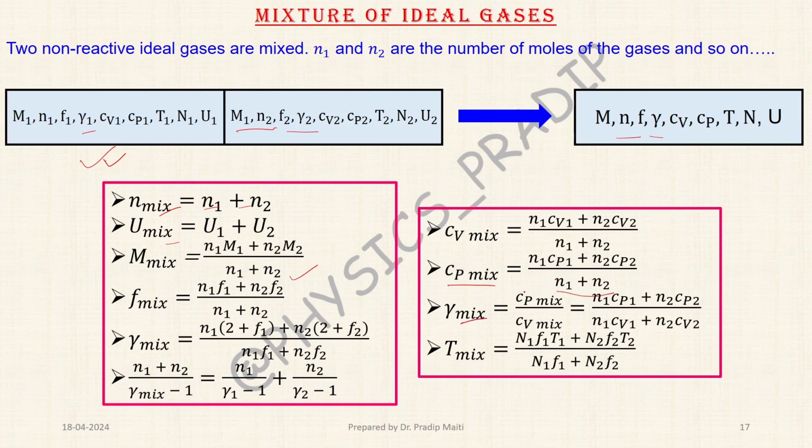Gamma for the mixture equals Cp of the mixed gases divided by Cv of the mixture, so n1 Cp1 plus n2 Cp2 divided by n1 Cv1 plus n2 Cv2. The temperature of the mixed gases is n1 f1 T1 plus n2 f2 T2 divided by n1 f1 plus n2 f2. So remember these relations, these are very important for your competitive exams.